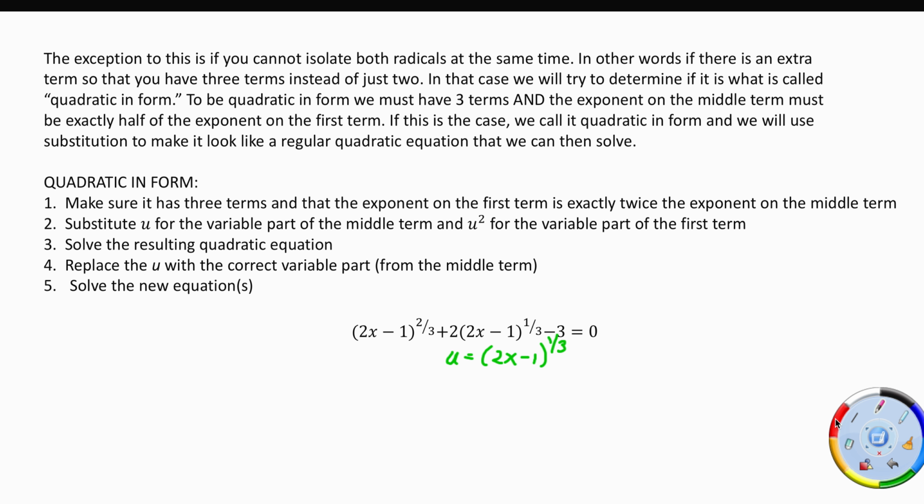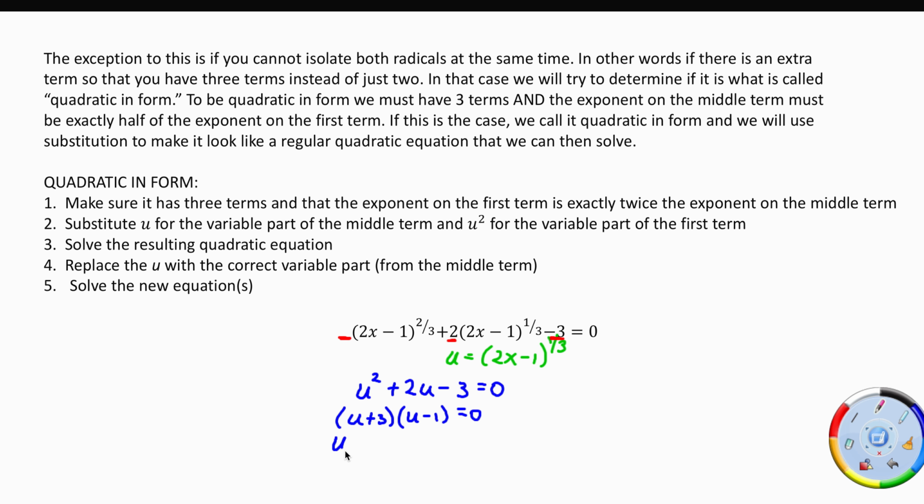So the constants and the coefficients are the only thing I'm pulling out of here. And then I'm going to replace the variables with U. So this would be 1 U squared plus 2 U minus 3 equals 0. Oh, that's a very easy quadratic equation to factor. 2 numbers that multiply to give -3 and add to give 2, +3 and -1.